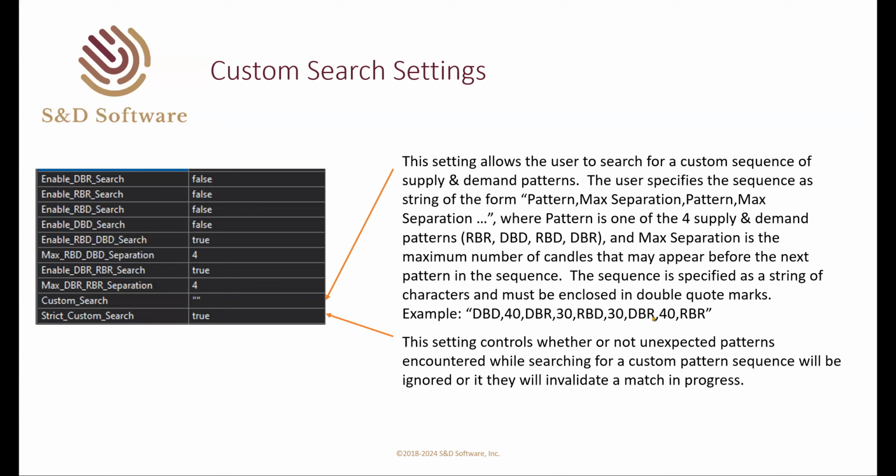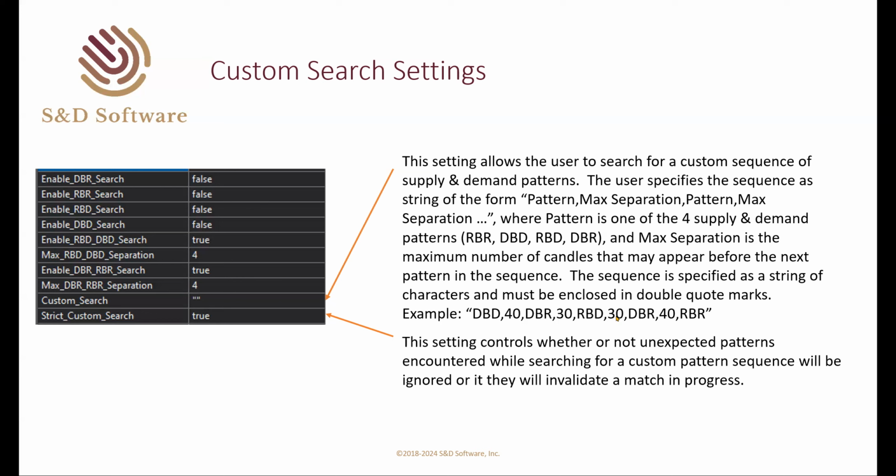So with strict search true, the minute we find a pattern that's not part of our sequence, the sequence is broken and we have to start again trying to match our sequence. If strict search is false and we run into a pattern that's not in our sequence, but we have not exhausted the number of candles we're allowed to have between the items in our sequence, then we can ignore the spurious pattern and continue looking for the one in the sequence.